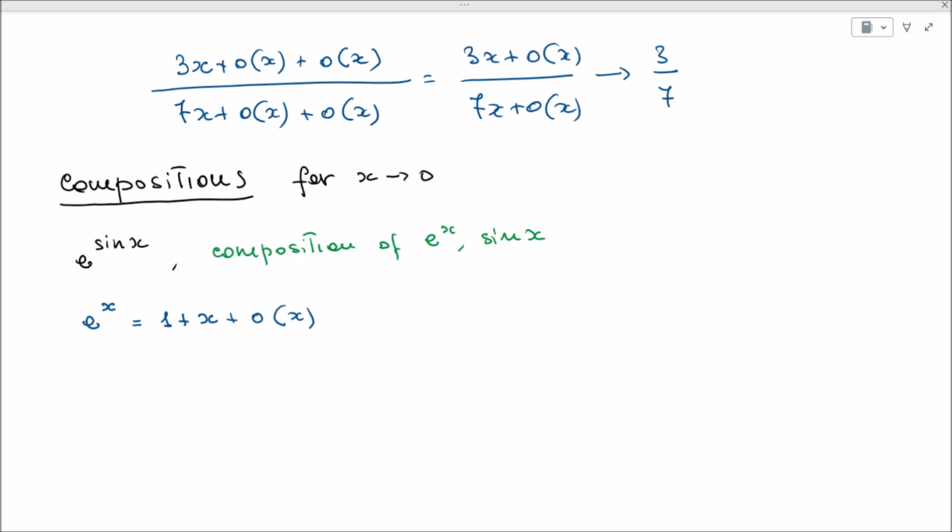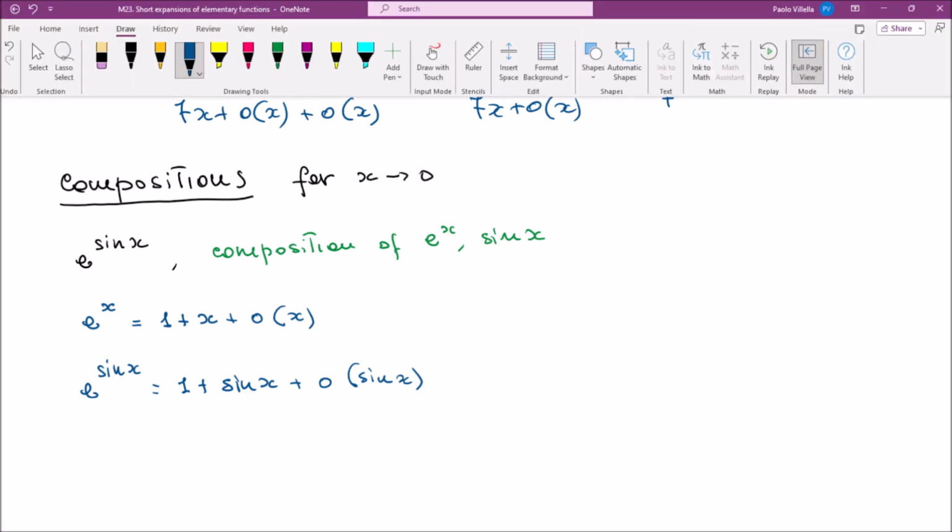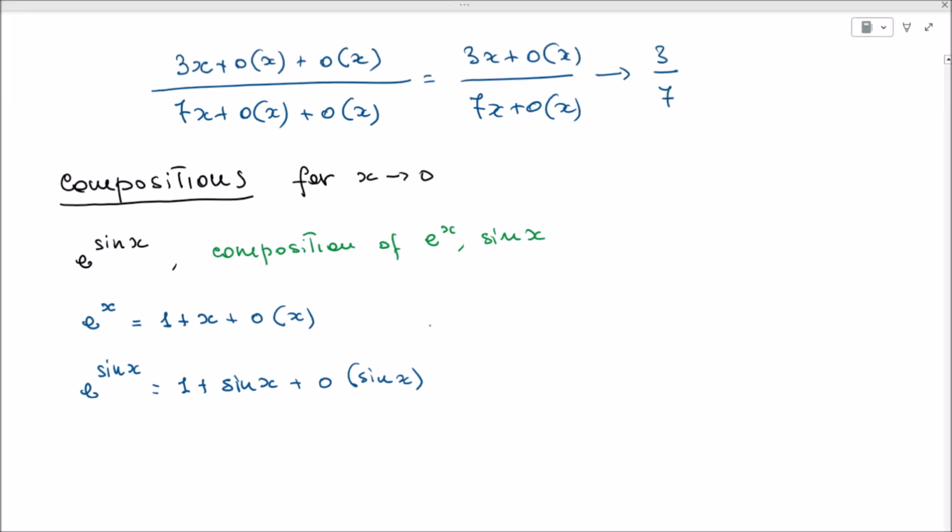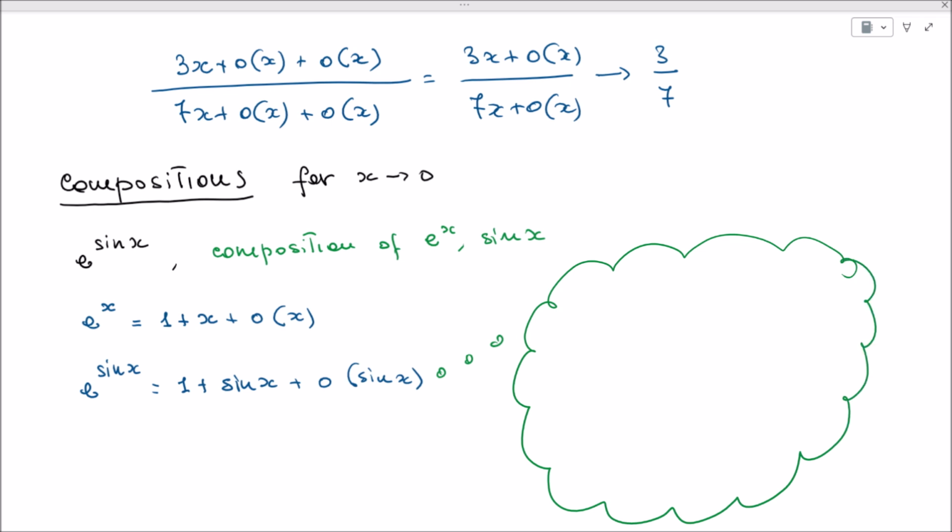And then when writing the composition e to the sine of x, this will become 1 plus sine of x plus little o of sine of x. Now, regarding this sine of x, we can say something on this. Let me explain how we can evaluate little o of sine of x.